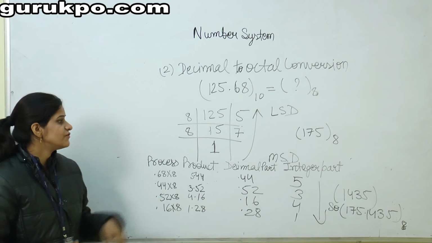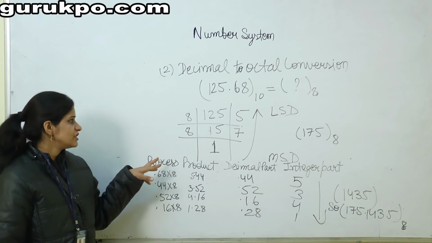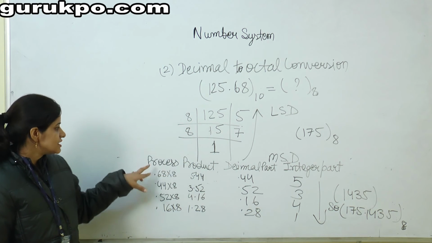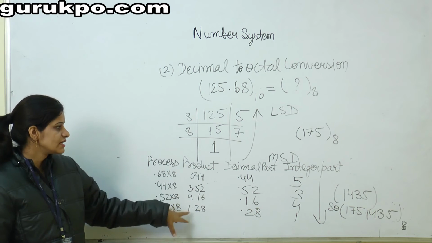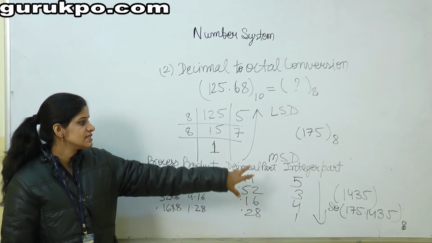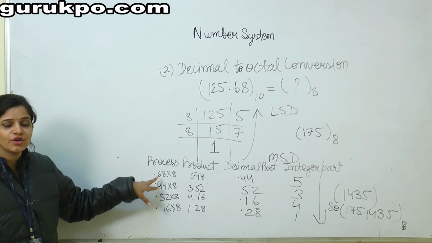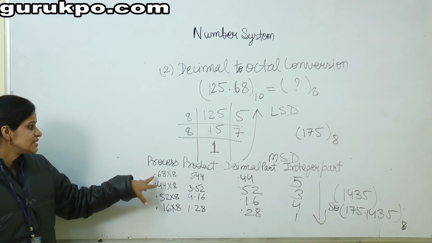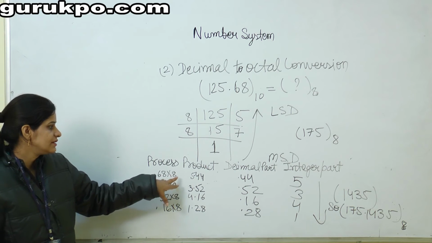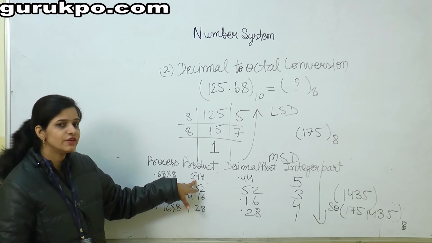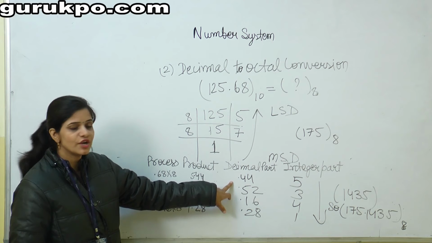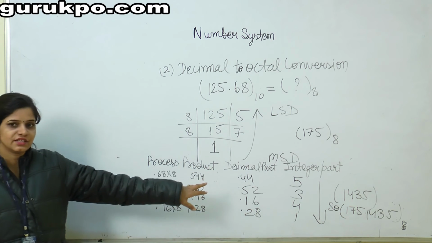The second is the fractional part conversion. The fractional part is 0.68. Here we have the product, the decimal part, and the integer part. Firstly, 0.68 multiplied by 8 because the base is 8: the product is 5.44, the decimal part is 0.44, and 5 is the integer part.